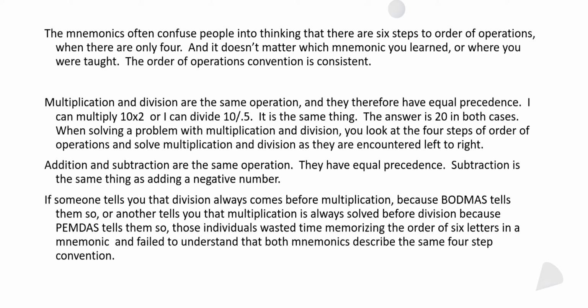So if someone tells you that division always comes before multiplication because BODMAS tells them so, or someone else tells you that multiplication always is solved first before division because PEMDAS tells them so, those individuals wasted a lot of time memorizing the order of 6 letters in a mnemonic, and they didn't understand how the order of operations actually works and why order of operations only has 4 steps to it, not 6. That's a huge problem where I see that confused a lot.